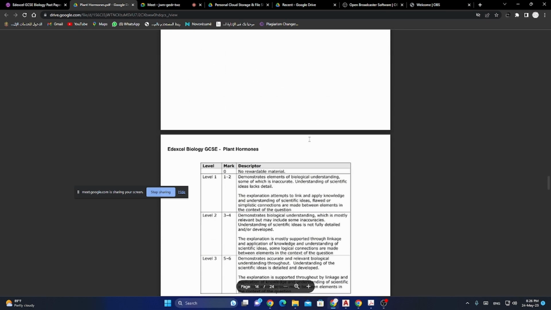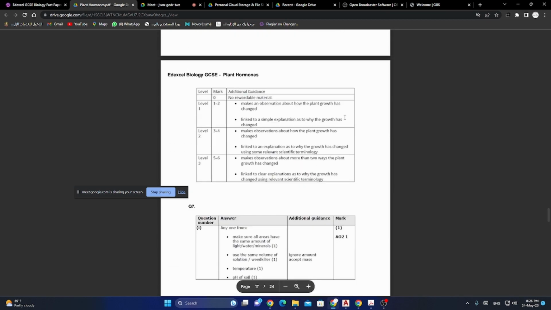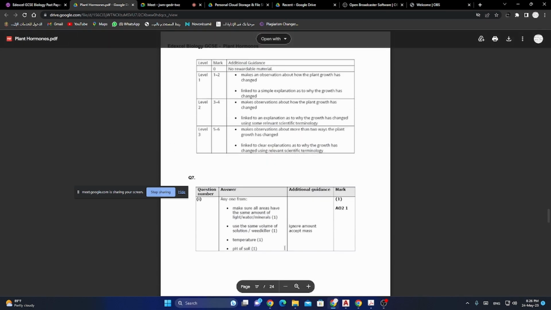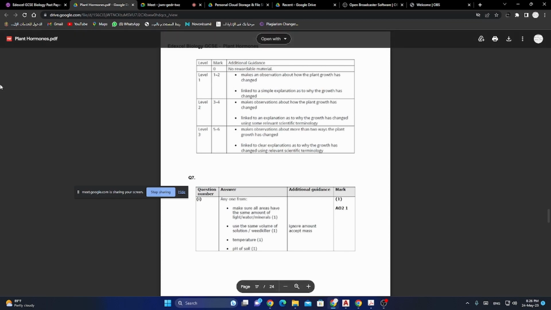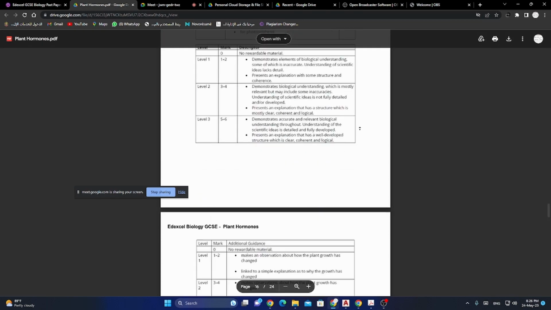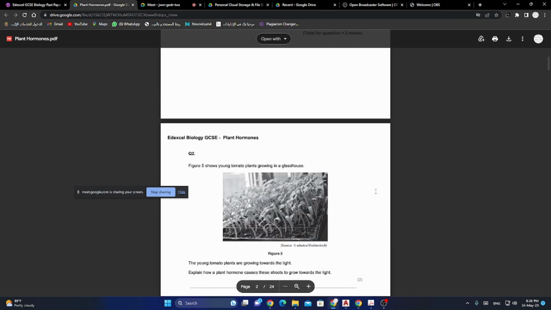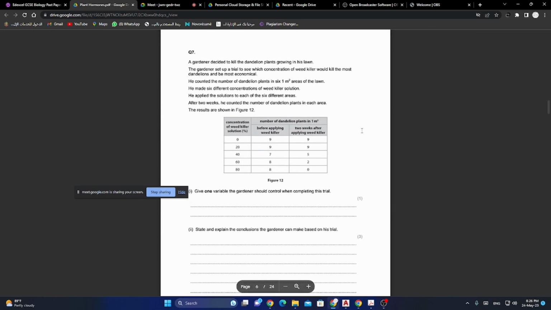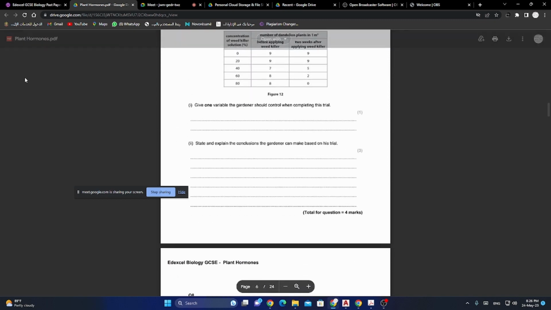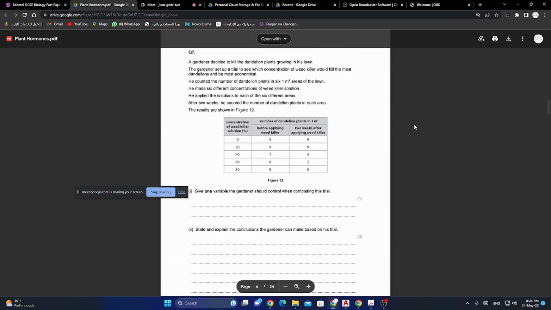So let's go down here. Temperature, pH of soil, use same volume of solution. Make sure all areas have the same amount of light, water, or minerals. Okay, so here, by the way, they said volume of weed killer solution.